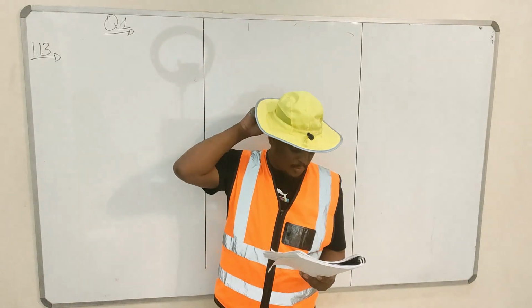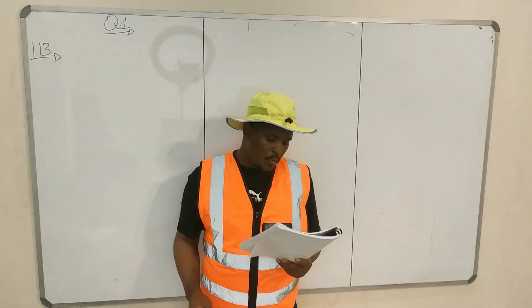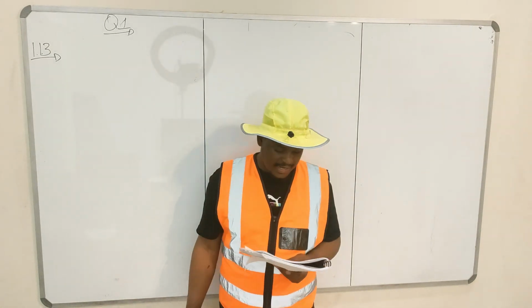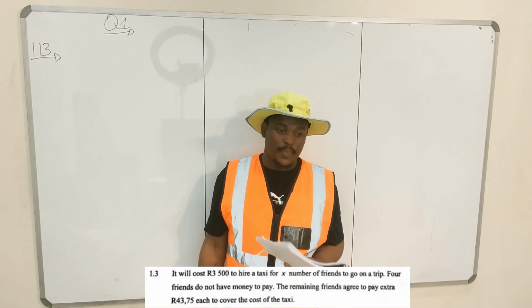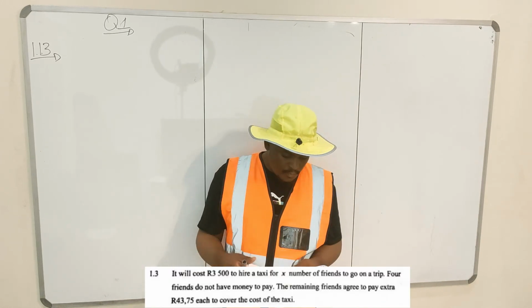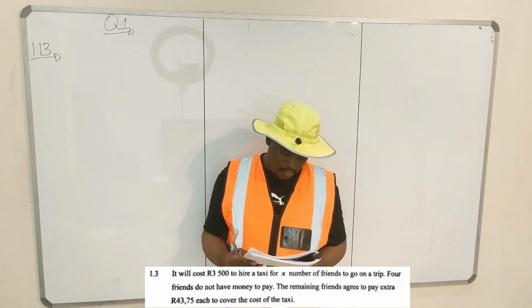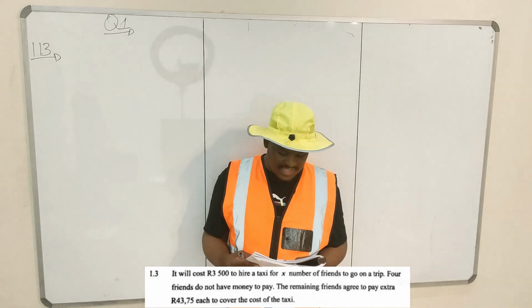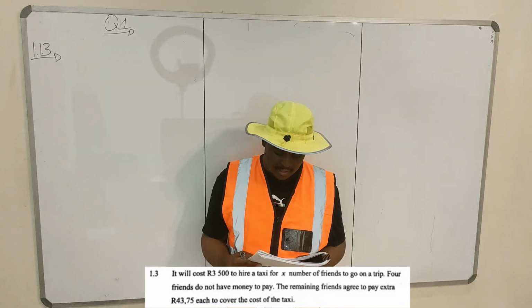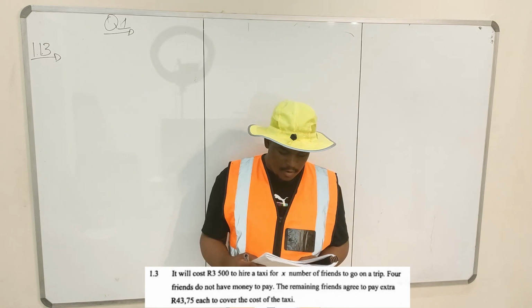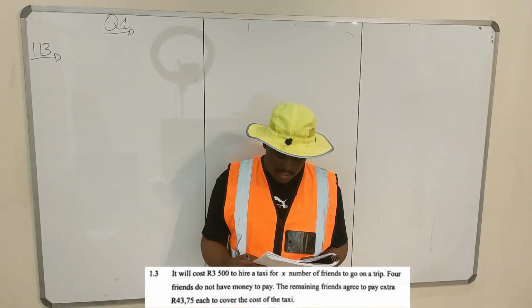Okay, so now we're doing 1.3. I will not write the statement here, but I will write a bit of information, and then we can speak from there. 1.3 reads as follows. It will cost 3,500 to hire a taxi for X number of friends to go on a trip. 4 friends do not have money to pay.